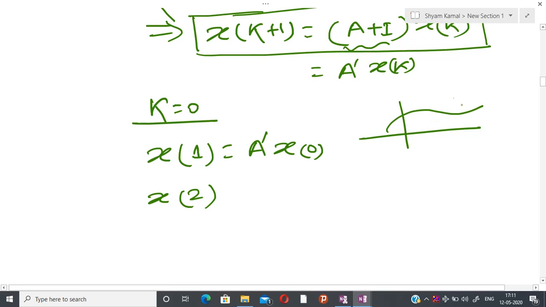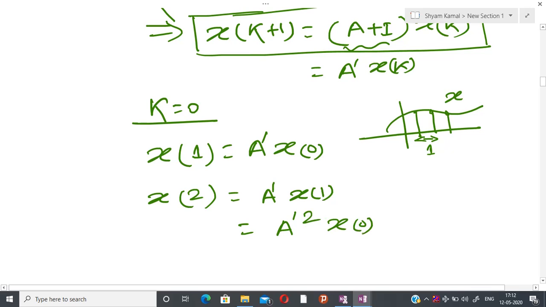Suppose you have something like x(t), and you are just able to see at this point, this point, this point, and the distance between these I am putting as 1. Due to that I have x1, x2, and for x2, in place of k you have to put 1, so that is x1. And again you can see this series, since you know x1, so that is like this.